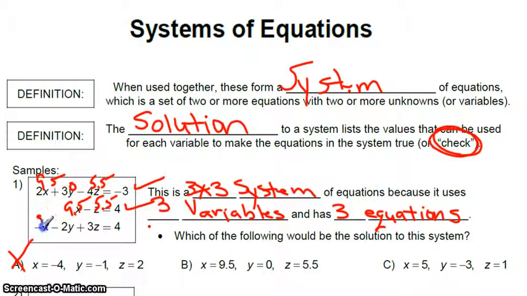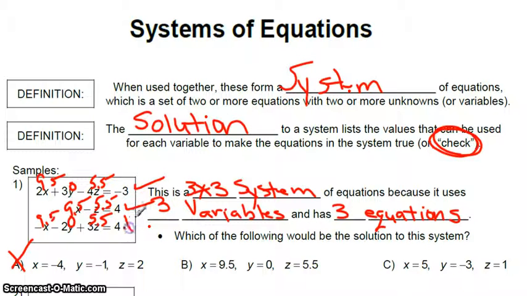I have 9.5 for X, 0 for Y, and 5.5 for Z, and I want to check to see if that equals 4. So I have -9.5 plus 0 plus 3 times 5.5, and that gives me 7.